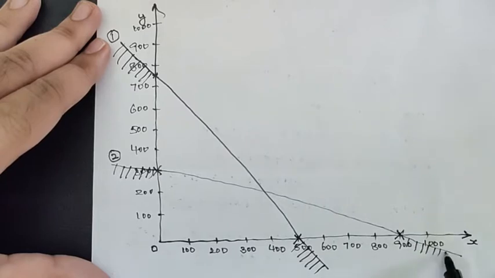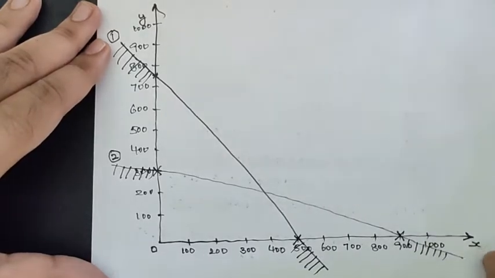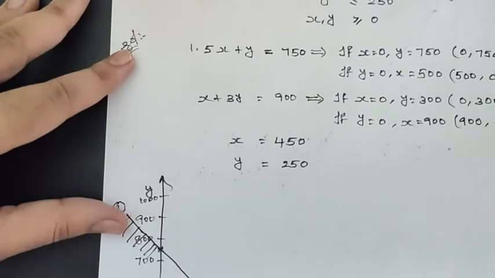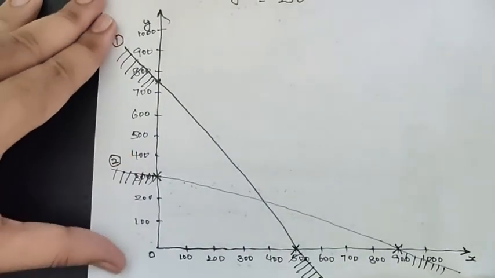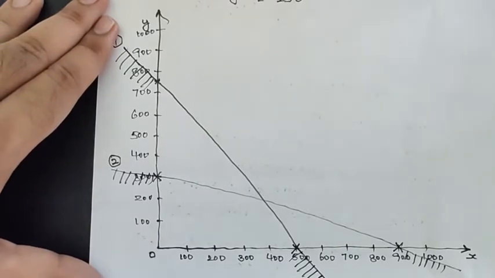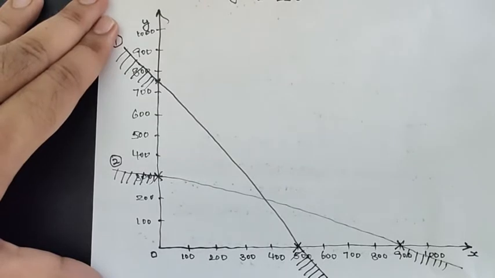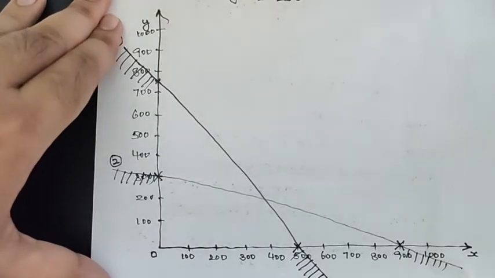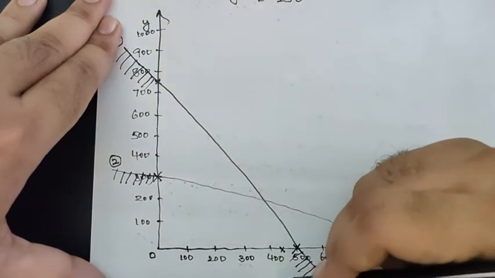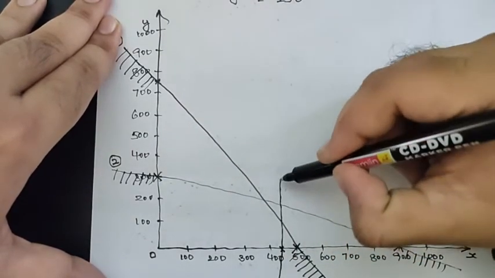Right. Next, what is the third one? x is equals to 450. So for any value of y, the value of x is equals to 450. Now what is the value of x? It is 450. So for any value of y, x value should be 450. So x is equals to 450 means, x value 0, 100, 200, 300, 400 and 450 means here. This is the point. So now draw a vertical line here.